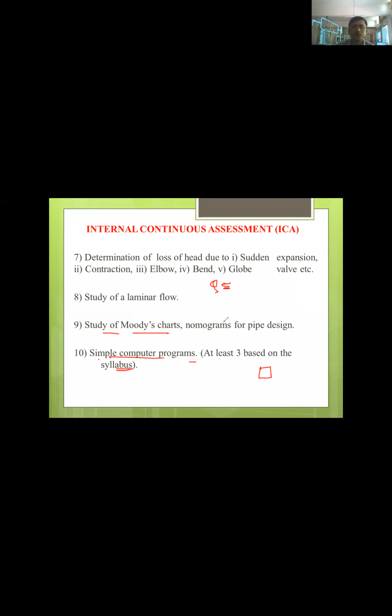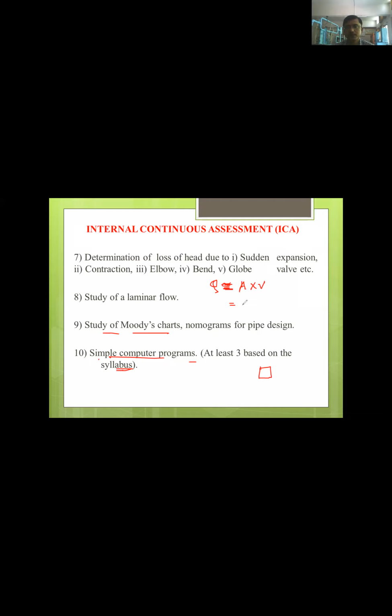And then instead of doing calculation on the calculator directly, if you just put those values in that particular Excel sheet or that formula, then directly you will get the value of that particular entity. For example, discharge has the formula area into velocity.